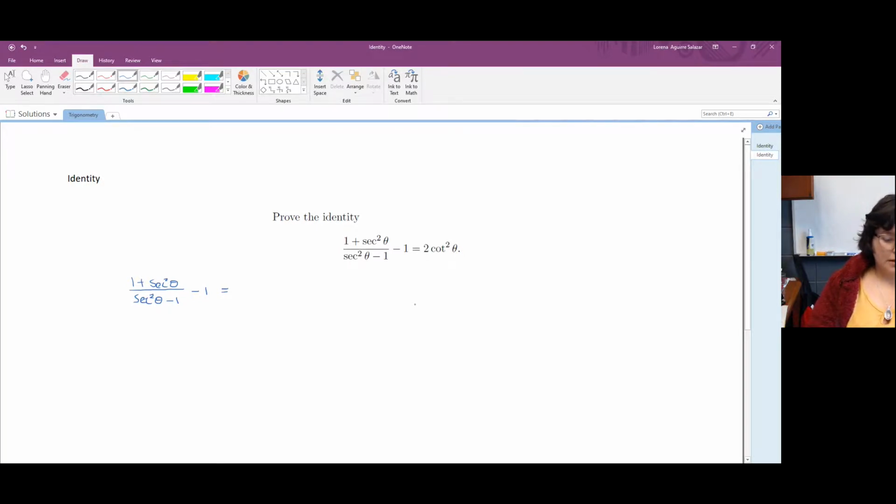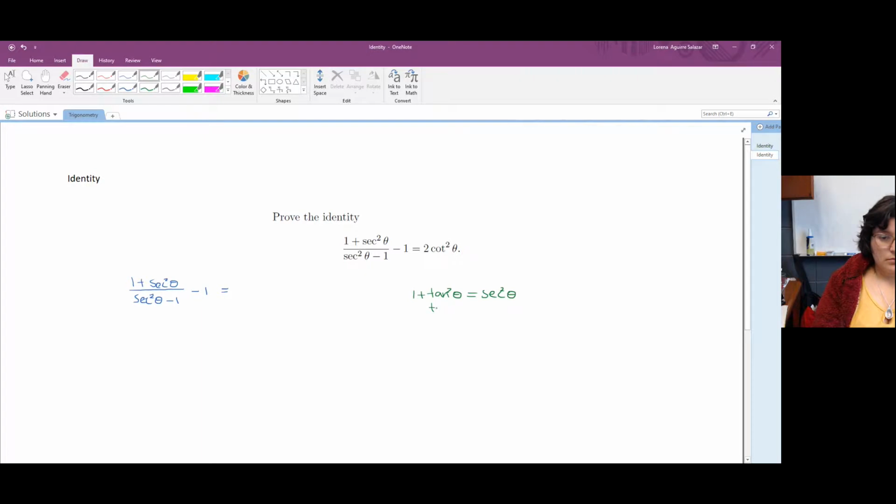Among basic trig identities, there isn't one that relates secant and cotangent directly, but there is one that relates secant and tangent. We know that 1 plus tangent squared of theta is secant squared of theta.